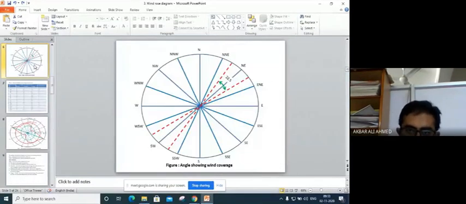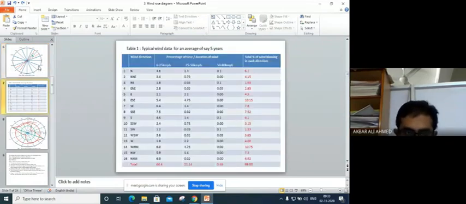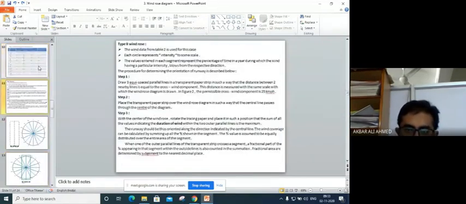We learned in the first class itself, the total area should be 22.5 degrees, like this. If I'm using the northeast direction, I'm using this segmental area. The total area covered by each value will be at an angle of 22.5 degrees. So let us come back to the numerical.